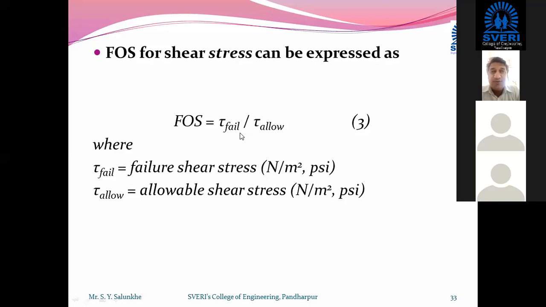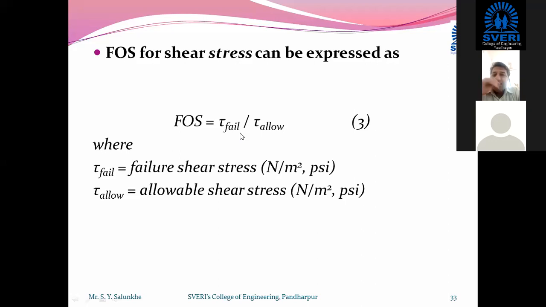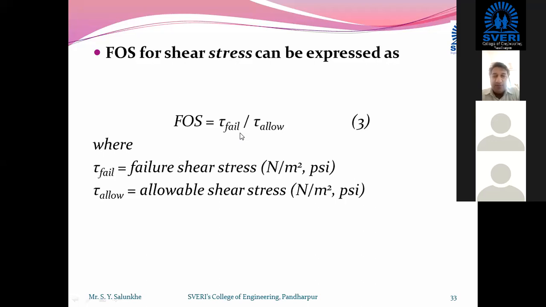Allowable means, once again let me ask this question, what do you mean by allowable? That value is nothing but the value of stress which is generated when this component is actually in working, permissible. Allowable load is the externally applied load, or the stress generated because of the externally applied load, which you limit.